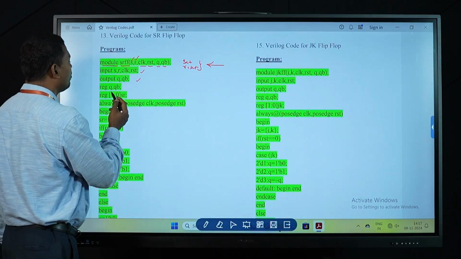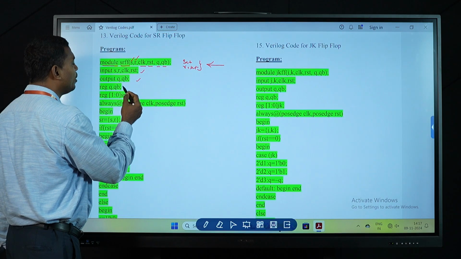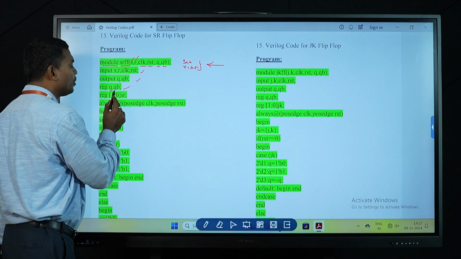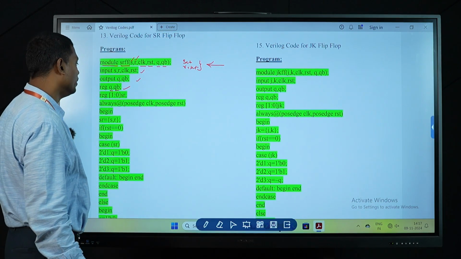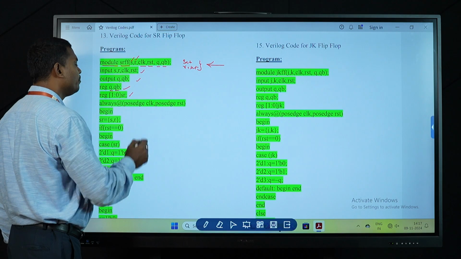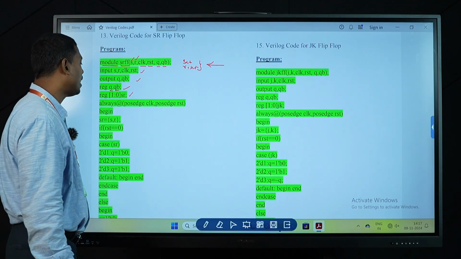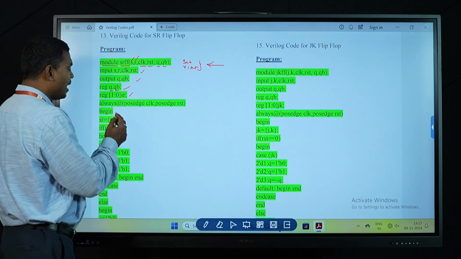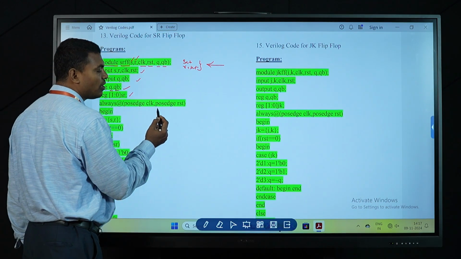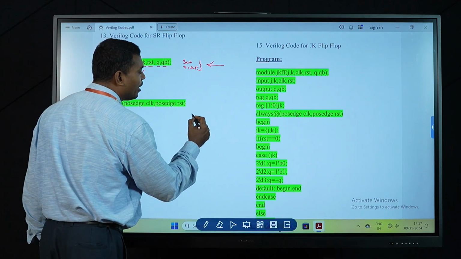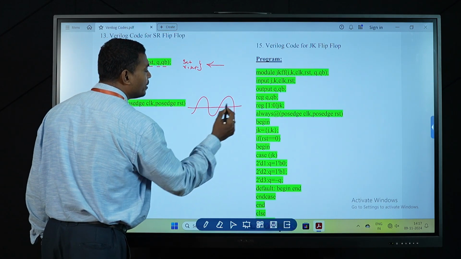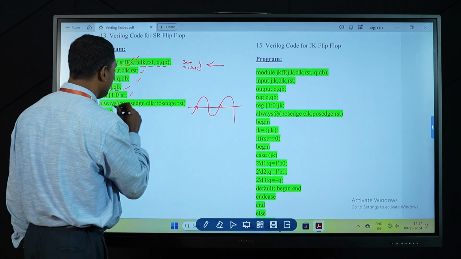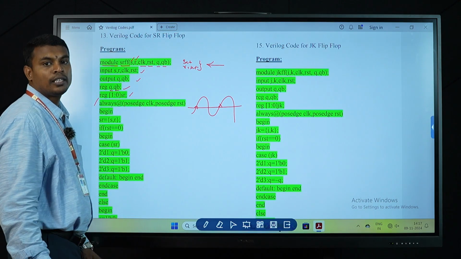Since I want to store my output, I am taking registers, which I am declaring for both Q and Q bar, that is QB, with bit range 0:1, meaning reg of 0 and reg of 1, for the SR flip-flop. Then always at positive edge clock or positive edge reset, meaning whenever my clock starts at this particular point, I am able to start the function of my flip-flop.